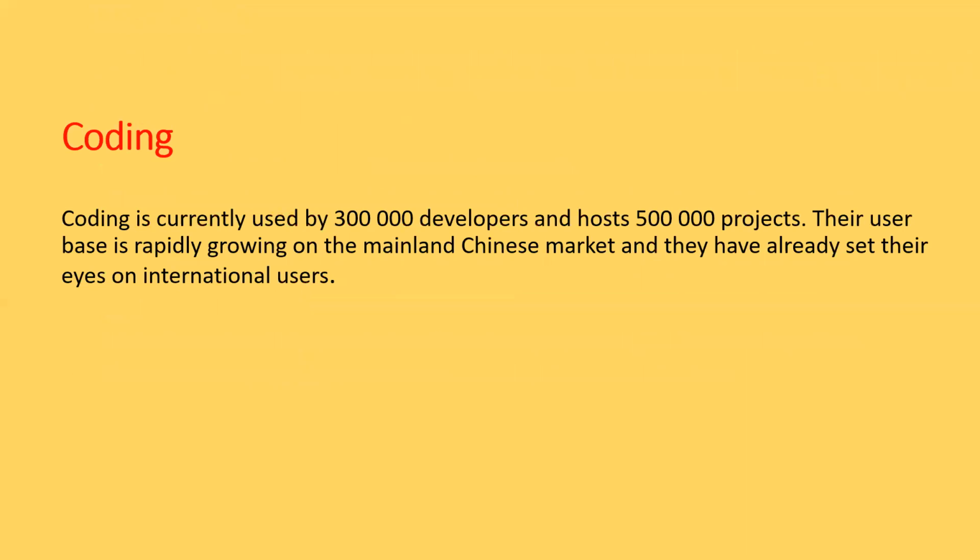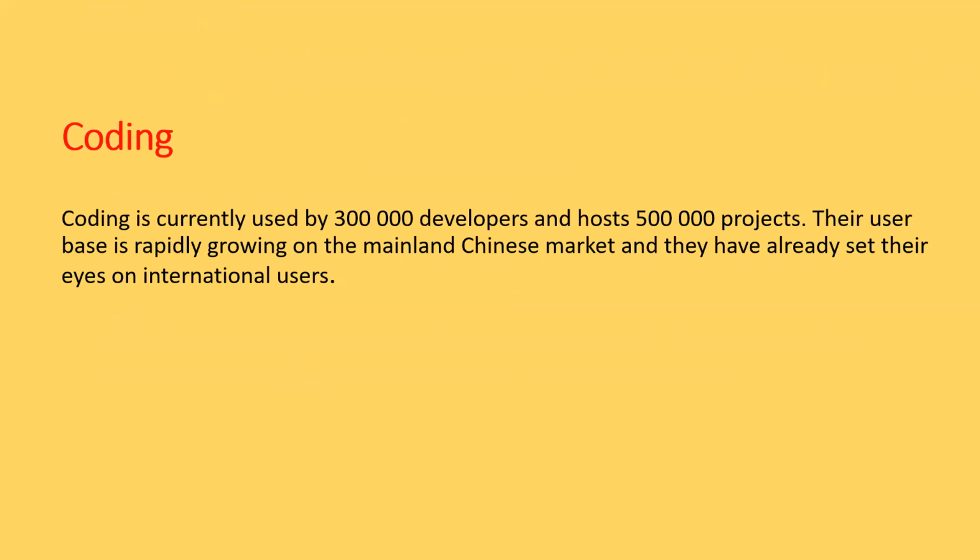And coming to the last one, Coding is currently used by 3 lakh developers. One more thing I just wanted to let you know about Coding. This Coding was founded by Zhang He Long in Shenzhen in 2014. Basically, a Chinese person incorporated this tool, and it is not really being used in India or the international markets; it is purely located in the Chinese market.